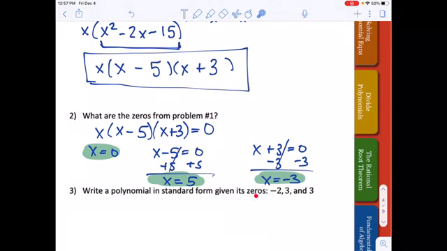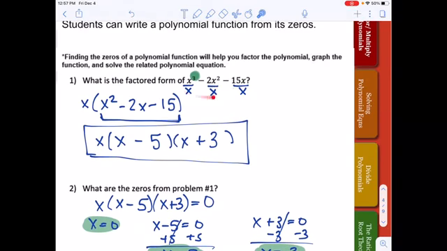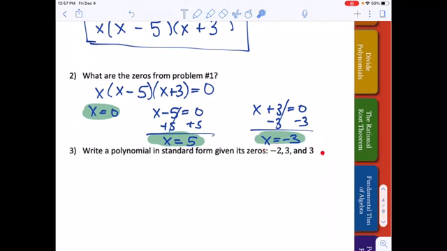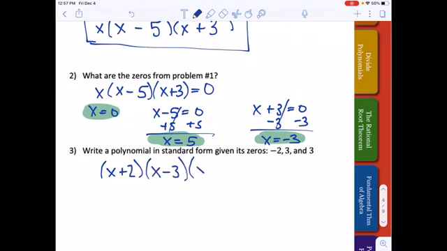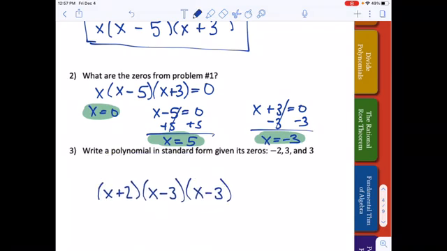So if we want to go backwards from the solutions, or the zeros, back to our original form like this, we want to go ahead and just take these and put them in parentheses with the opposite sign. So it'll look like that. That is the factored form from the zeros.